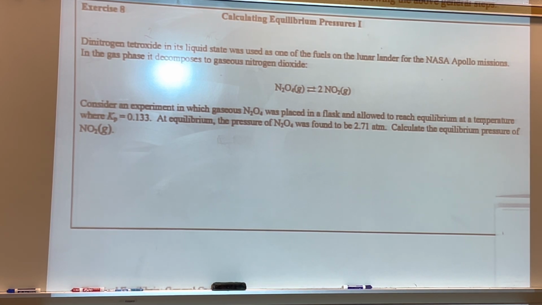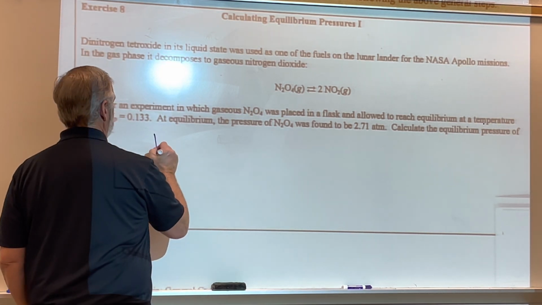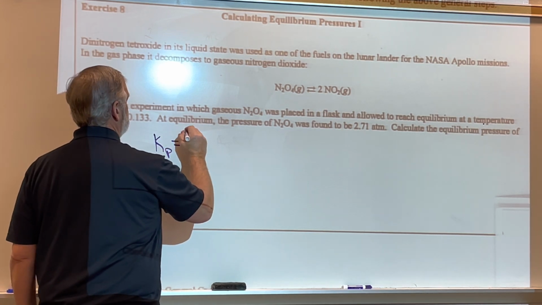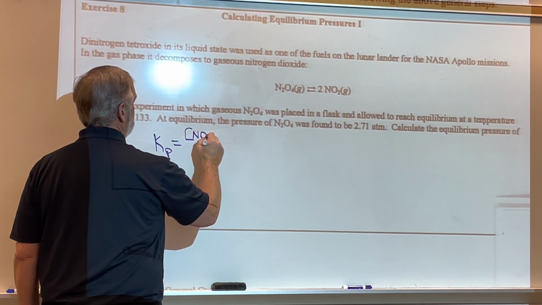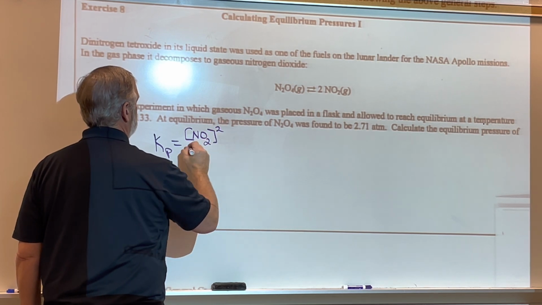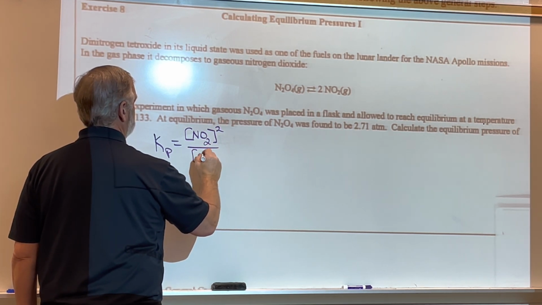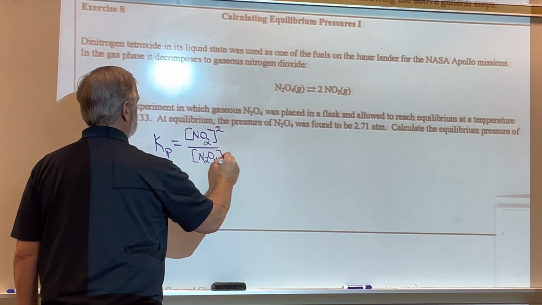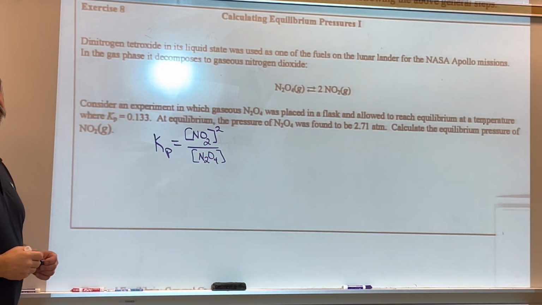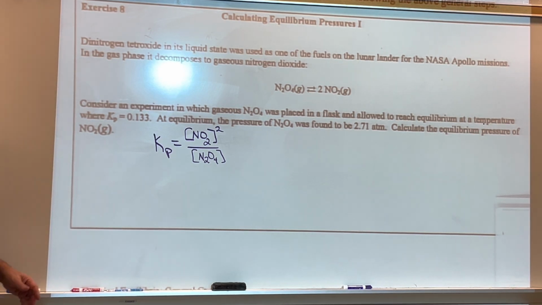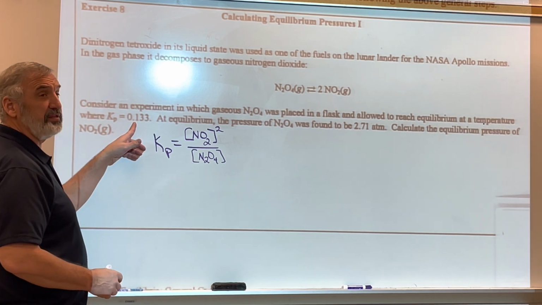Okay, hint. Write out your Kp expression. All right, so there's your Kp expression, right? Yes. What do we know? I know Kp is 0.133.